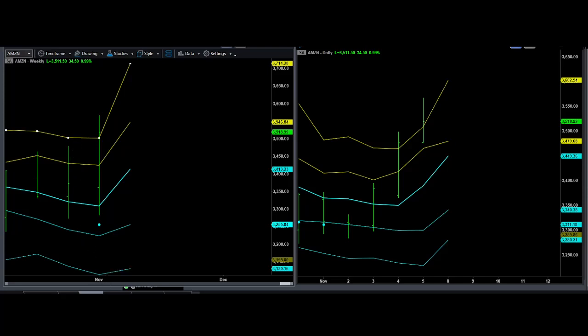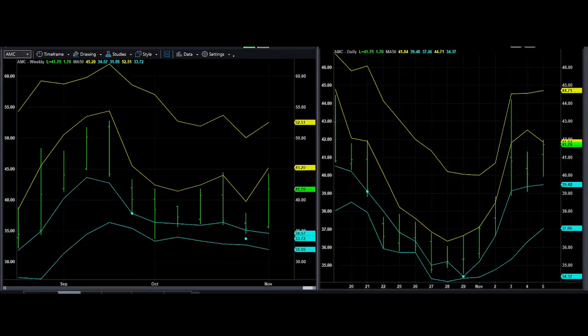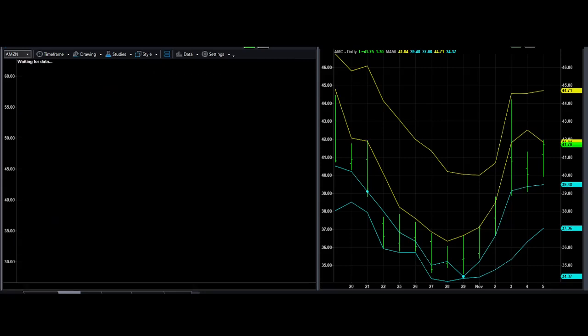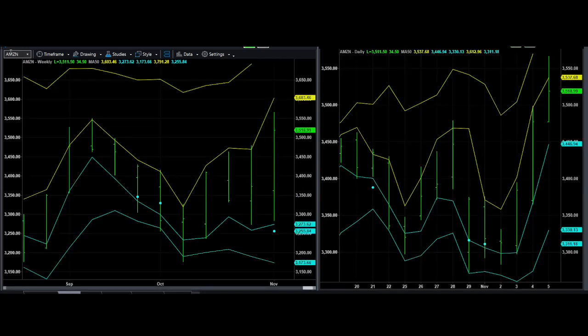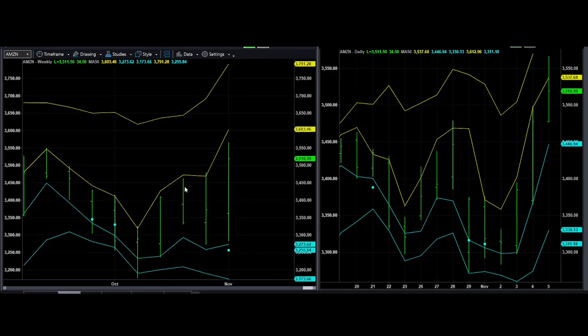Another model is based on the Best U prediction model. Let me switch to Amazon. That's the Amazon weekly chart, and that's an Amazon daily chart. This model additionally considers the momentum of the stock price movement.